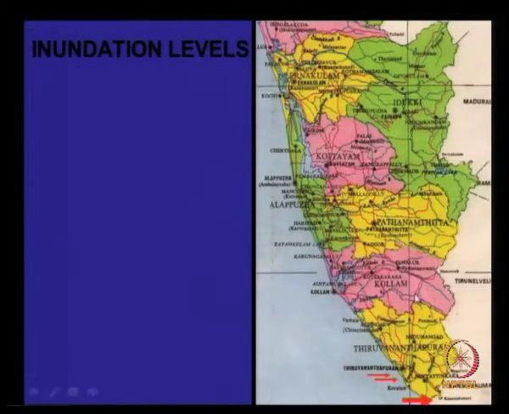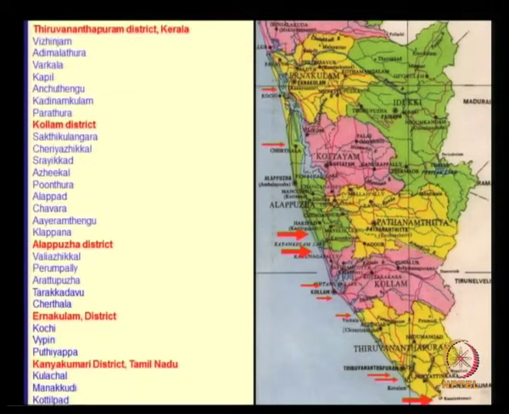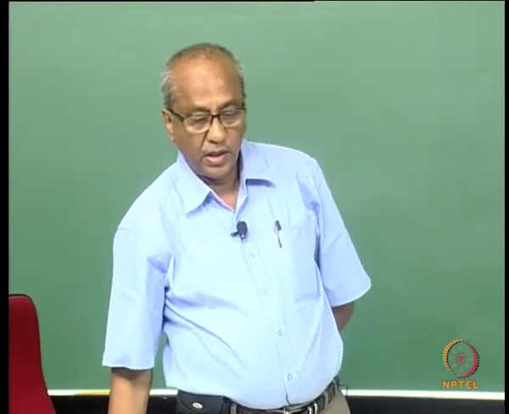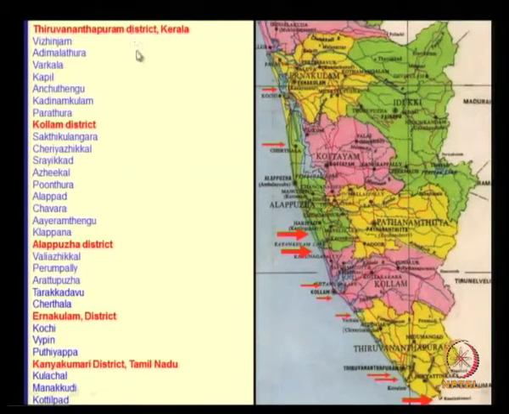Now we move on to the west coast. As we have seen earlier, on the east coast, because of the Sri Lankan island, diffraction took place and the waves hit Kerala. These were the areas which were affected: Thiruvananthapuram district, Kollam, Alappuzha, Ernakulam and Kanyakumari district.